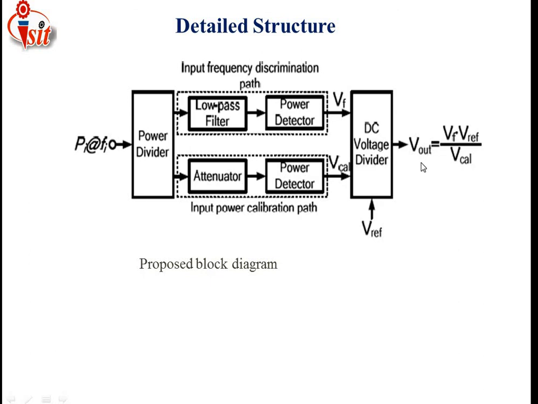That output voltage is Vout equals Vref times VF divided by Vcal. Vcal is the power generated by the input power calibration path, VF is the output power generated by the input frequency discrimination path, and Vref is the reference voltage considered for output measurement, and Vout is the output voltage generated by the DC voltage divider. And just see here, what is the DC voltage divider output? The formula is Vout equals Vref times VF divided by Vcal.